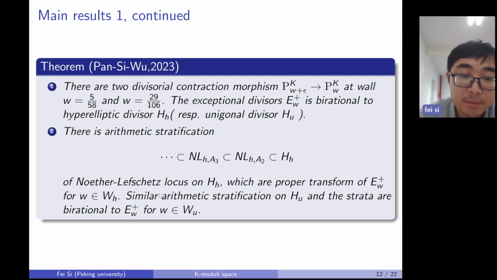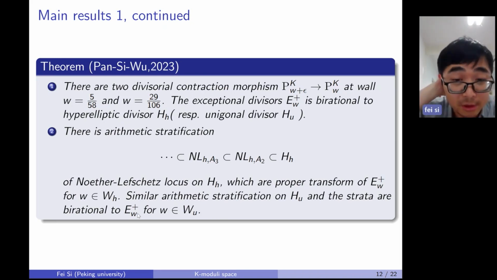And similarly, for the unigonal divisors, we also obtain a similar arithmetic stratification, and the strata are also birational to the exceptional locus at the unigonal walls.